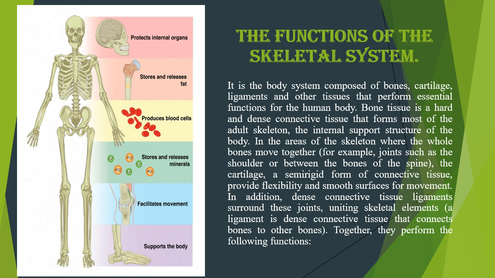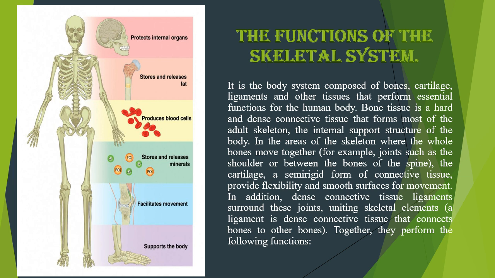Bone tissue is a hard and dense connective tissue that forms most of the adult skeleton, the internal support structure of the body. In the areas of the skeleton where the bones move together, for example, joints such as the shoulder or between the bones of the spine.